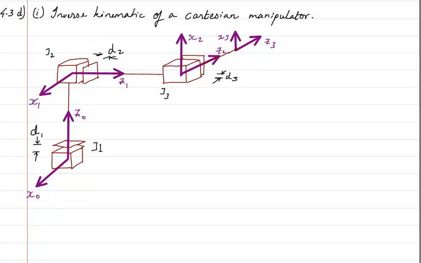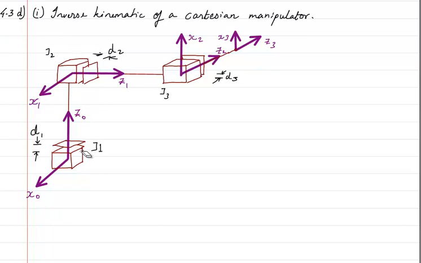So let us look at an example of how we'll find out the inverse kinematics of a manipulator or a robot. Here we have a Cartesian manipulator that we have already discussed previously.